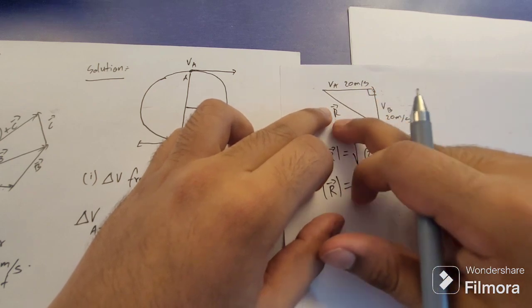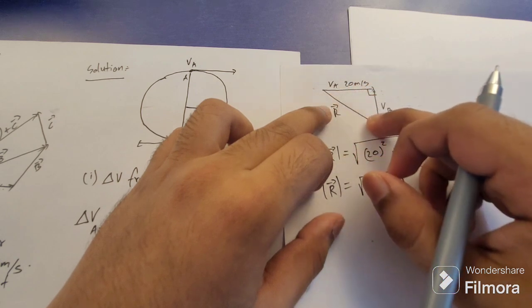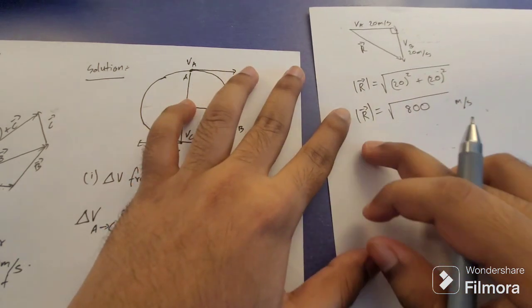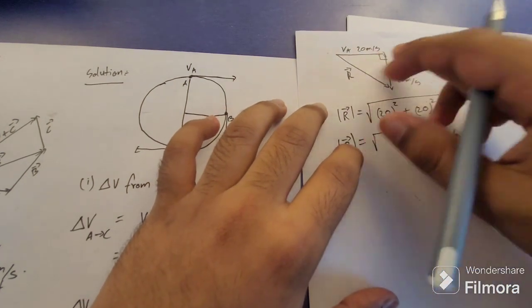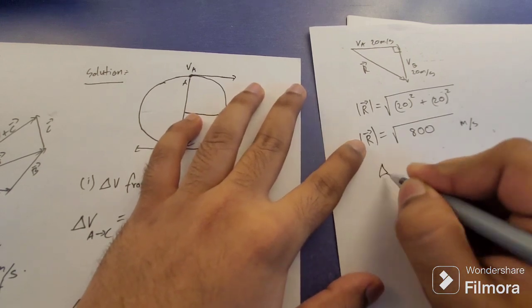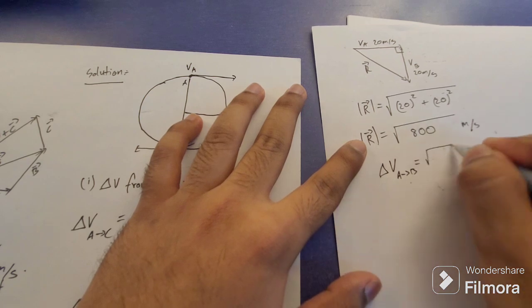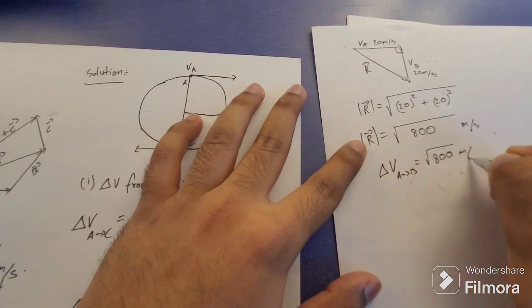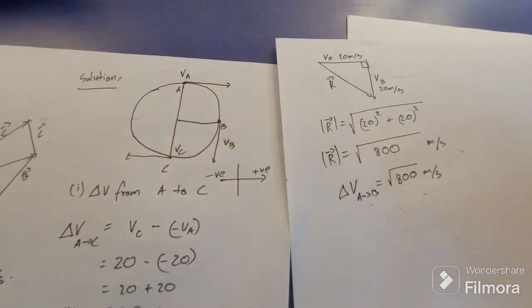So R vector is the change in velocity of the vehicle from point A to point B. So whatever is the magnitude of R vector, that is nothing but in fact the change in velocity from VA to VB. So delta V from A to B is nothing but root 800 meters per second. I hope you all understand this.